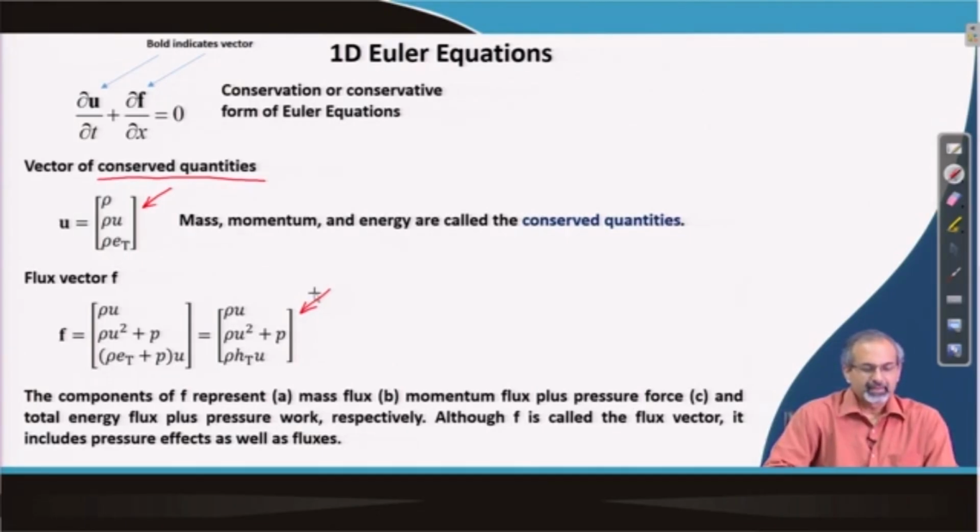And in the flux vector f, the first component is again density times velocity, the second component is density times velocity square plus pressure, and the third component is a summation of density times total internal energy plus pressure, the whole multiplied by the u component of velocity. So, these are the different components.